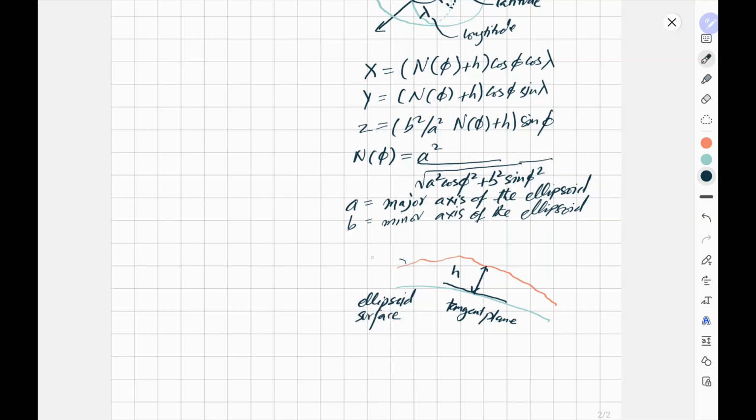This is the topographic surface. So this point is basically that t, xt, yt, and zt, and this thing is a normal, ellipsoid normal.